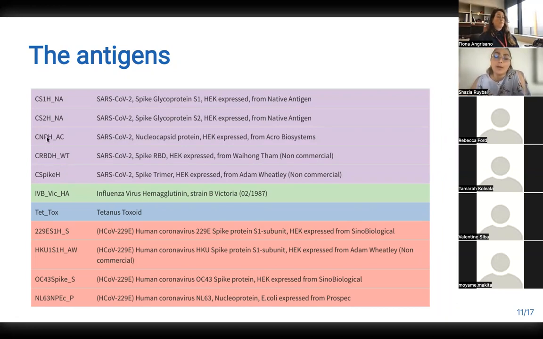But if we do have, in particular, high levels of the NP, or nucleocapsid protein, then we could begin to distinguish between natural infection and vaccination. We've also included an influenza antigen, a tetanus toxoid positive control, and then several other human coronaviruses, or seasonal coronaviruses, that we know circulate as well. So that's just a reminder so that you can think about how the algorithm is being trained.